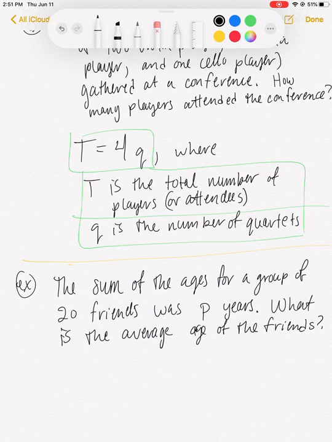Okay, so we want to go back to what average means, and this is kind of a little preview problem for the future. Average means you take the total sum of whatever objects you are investigating and divide it by the total number of objects. So we can say that the average is equal to P divided by 20, because P is the sum of all of their years. Okay.